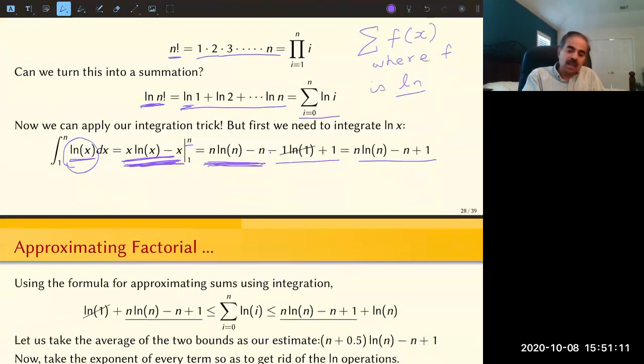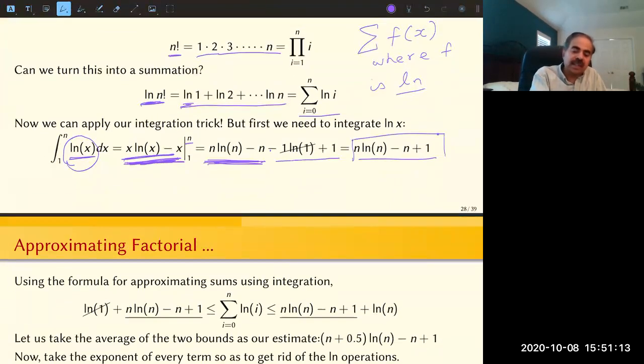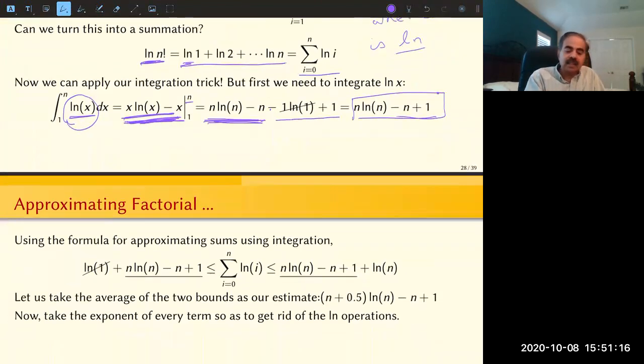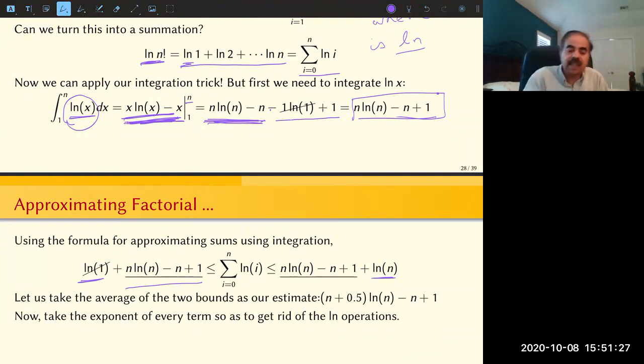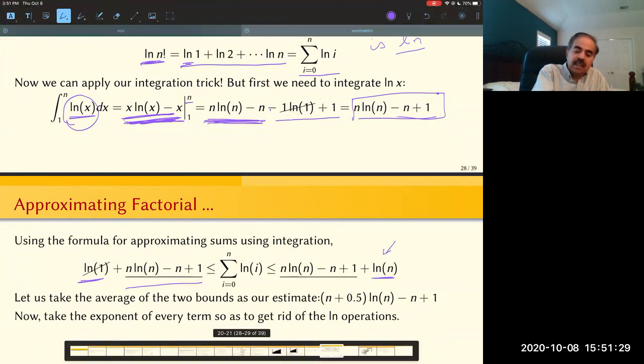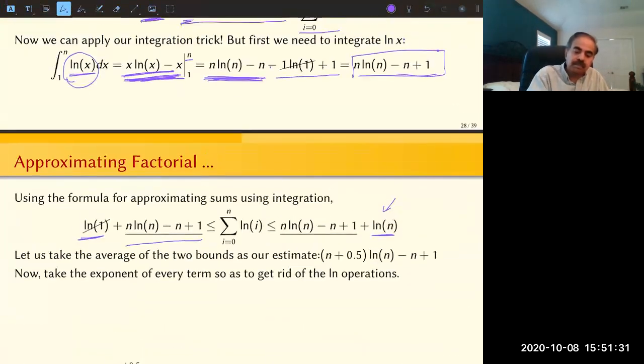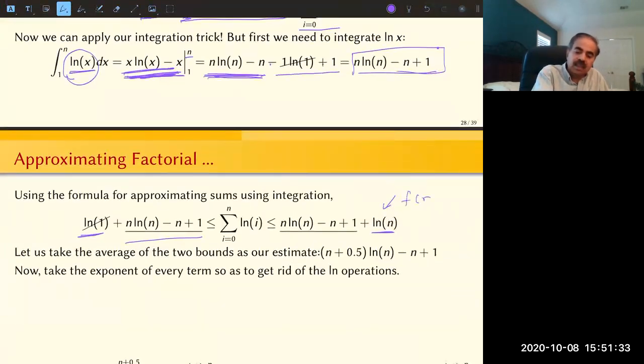This is the definite integral, and we know that the bound is the definite integral plus ln 1 on the left, and the definite integral plus ln n on the right-hand side. Remember, this is our f of n and this is f of 1, and we cross it out again because ln of 1 is 0. So we get this bound.